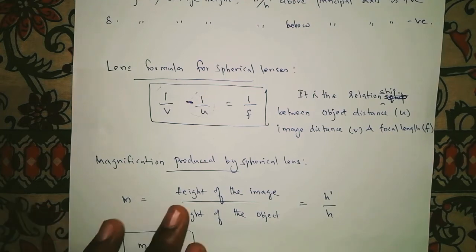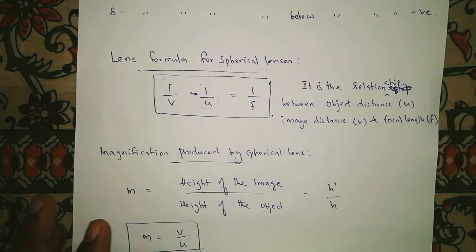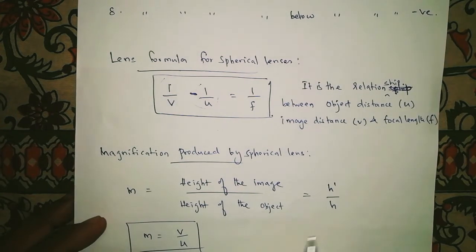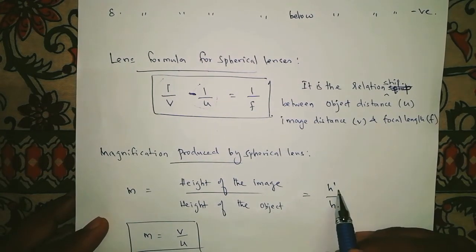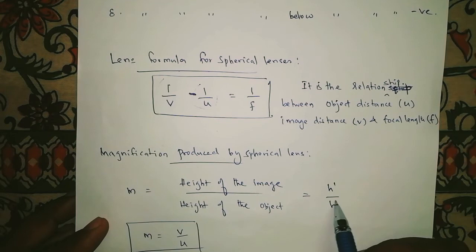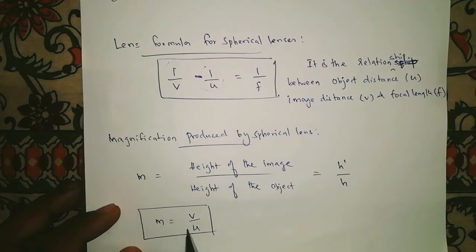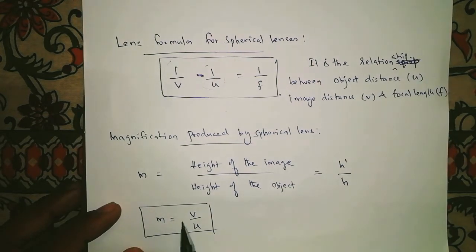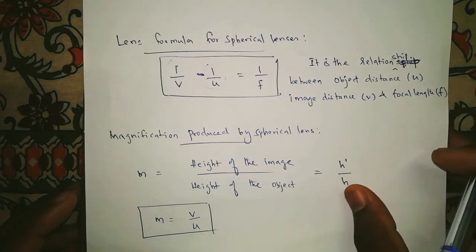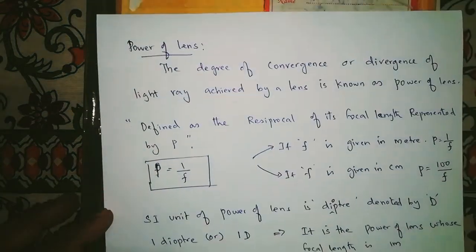In the magnification produced by the spherical lens also, you can find the height of an image h dash and the height of an object h. The only thing is, in the mirror you have learned it with the negative sign, but for the magnification of lenses you can't see the negative sign. It is just v by u. That is the simple thing.